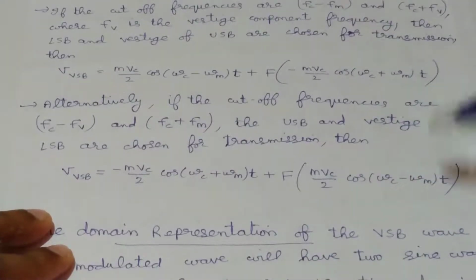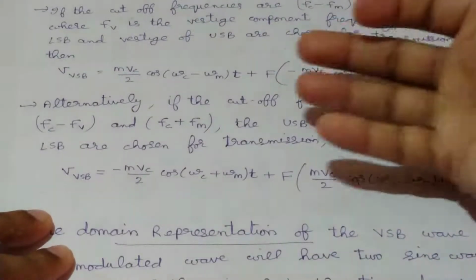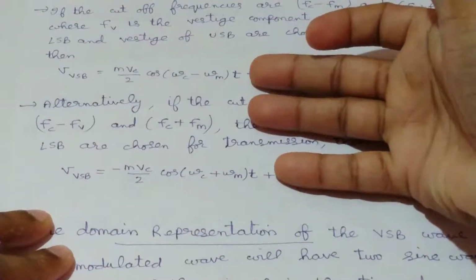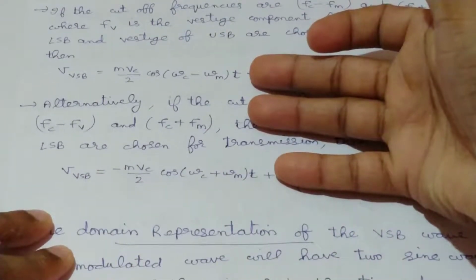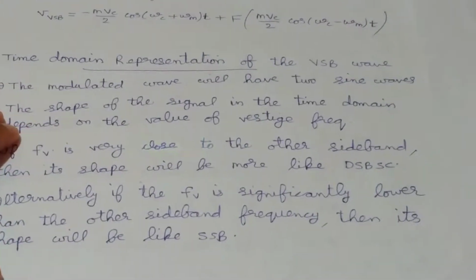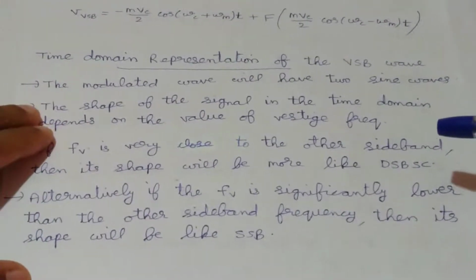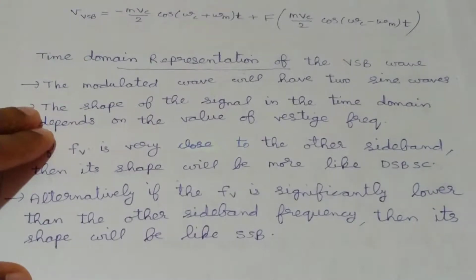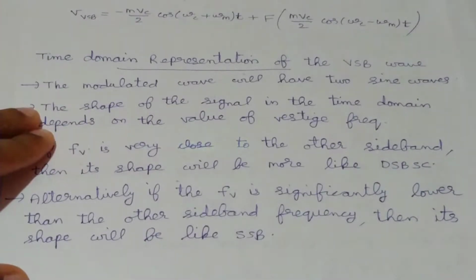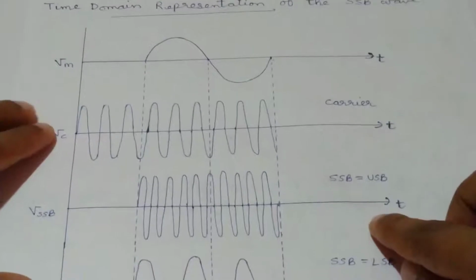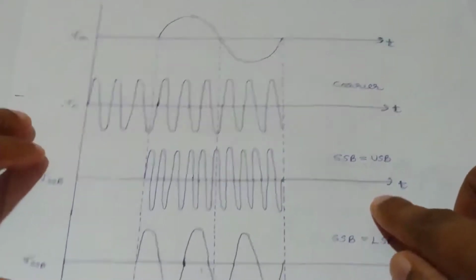So these fractions are very small. Okay, and hence that equations look like the equations in the case of single sideband case. So if Fv is significantly lower than the other sideband frequency, then its shape will be like single sideband, and we have already seen that shape. Here is that one. This is the single sideband wave shape.